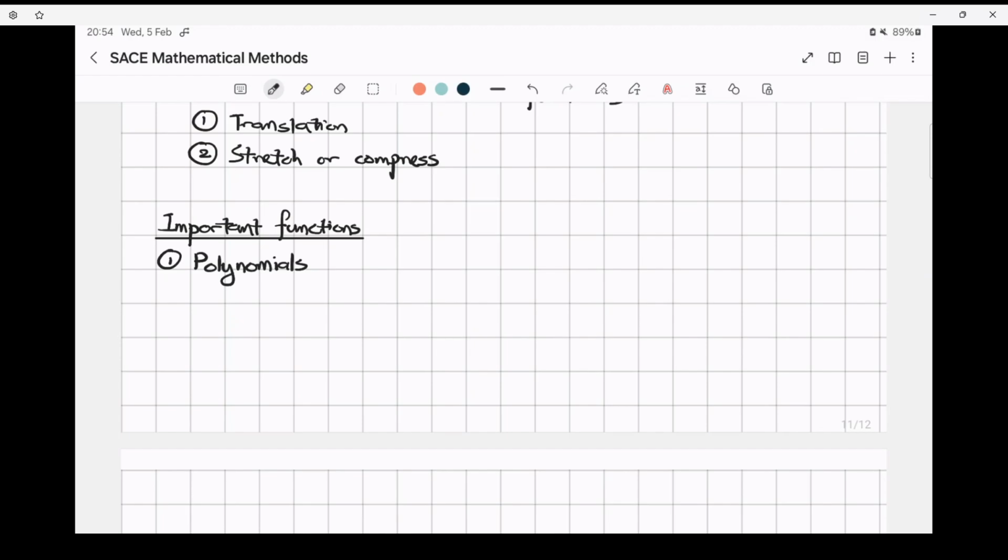Previously you should have learned about the quadratic equation. A quadratic equation is something like ax squared plus bx plus c. So we know that this is a function. A polynomial is something more general, in the sense that if you are given a function, the power goes up to n.